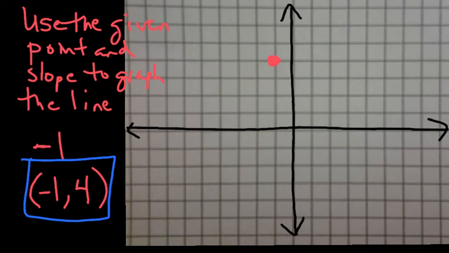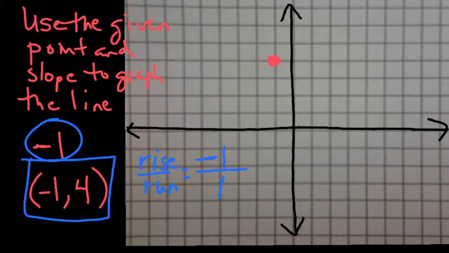So, now we look at our slope. Our slope is -1. Well, since slope is rise over run, we need to write it as a fraction. How could we write -1 as a fraction? Right, put it over 1. So -1 over 1, there's our fraction.